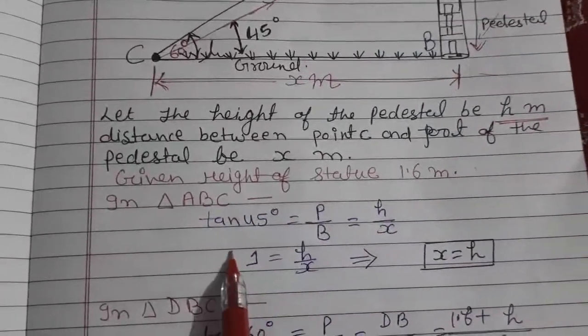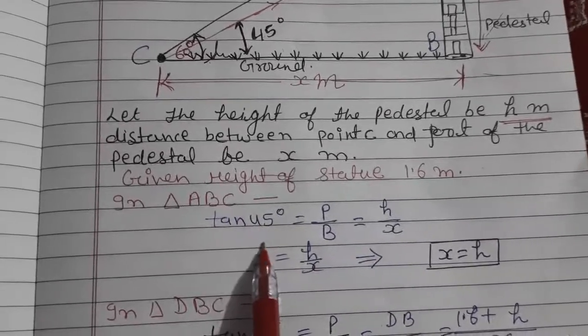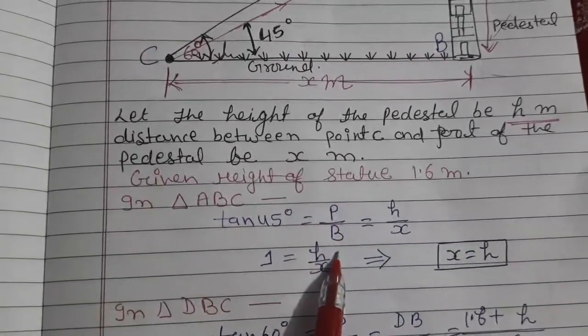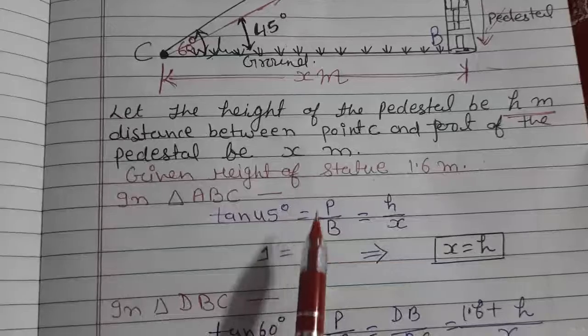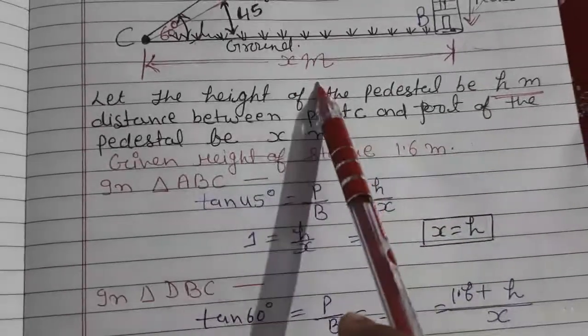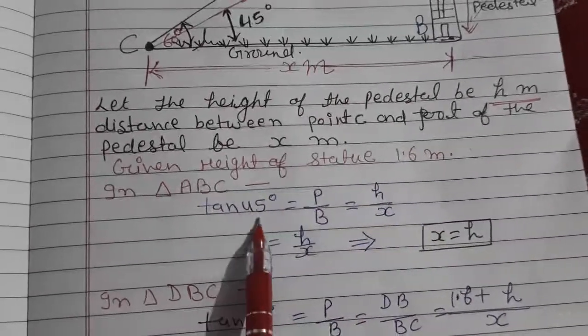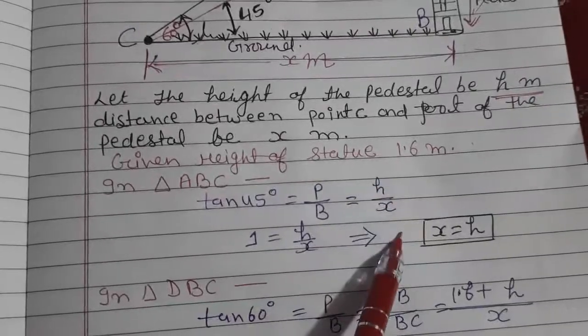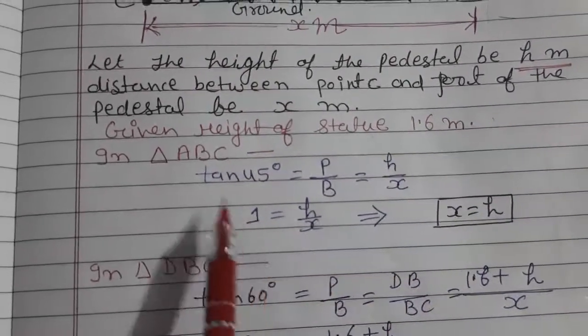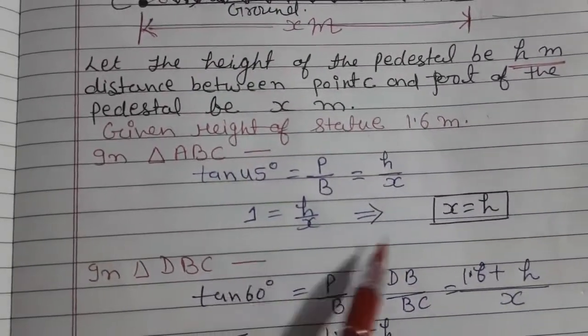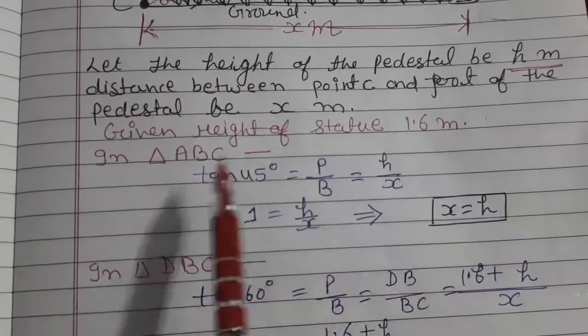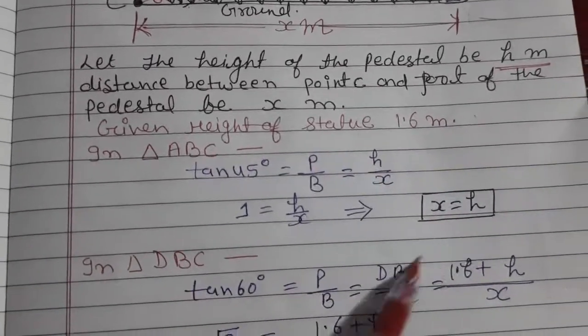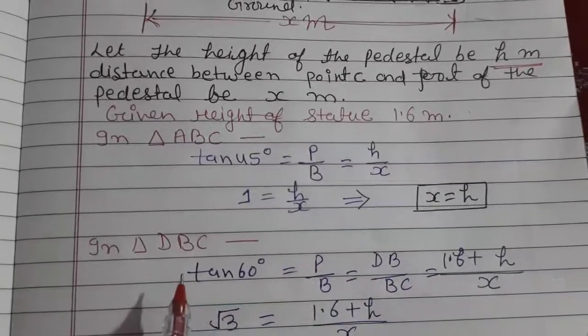In this case the angle is 45 degree, perpendicular upon base. Tan theta we are taking because we have to find out the height, and base we are taking, that's why we are taking tan 45. So tan 45 is h upon x, and tan 45 is equal to 1. So height and the distance will be equal. h is equal to x.